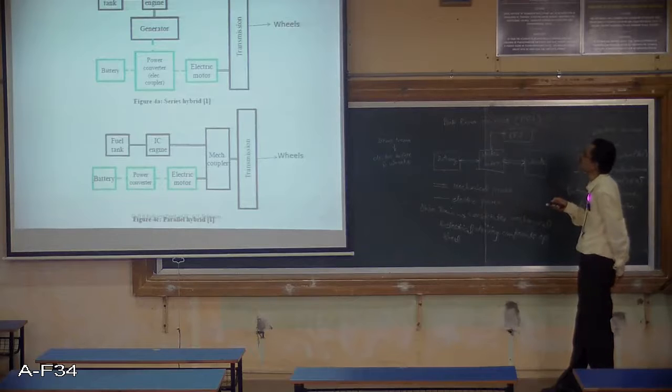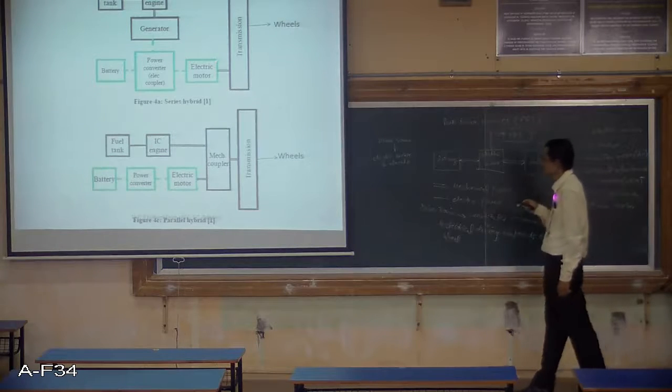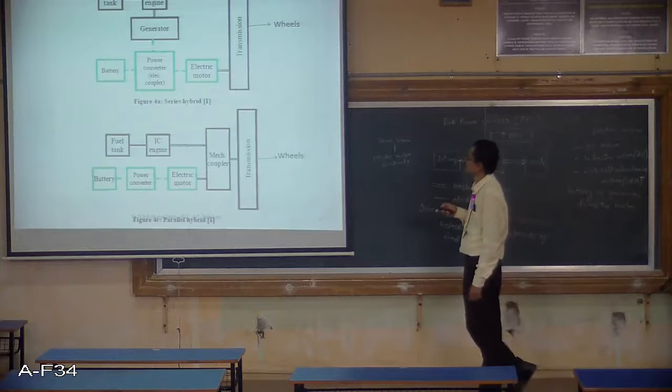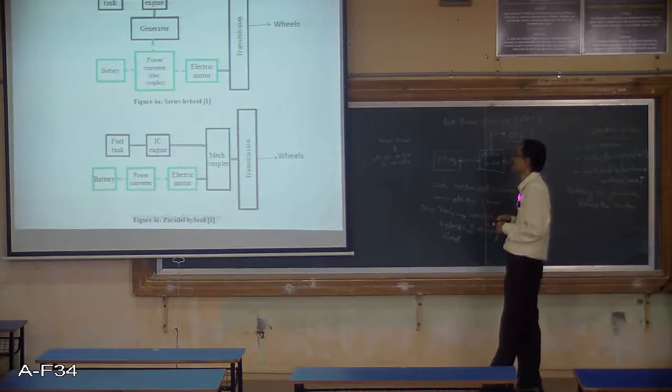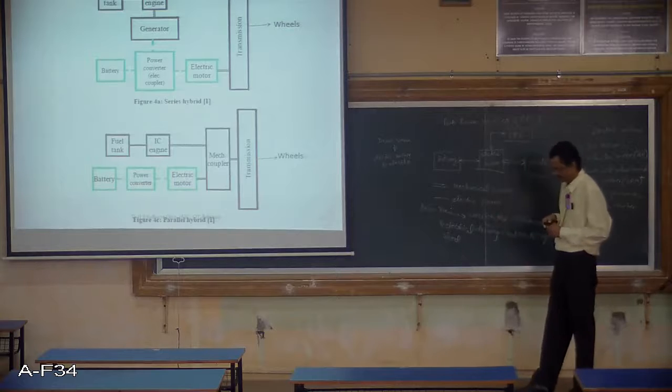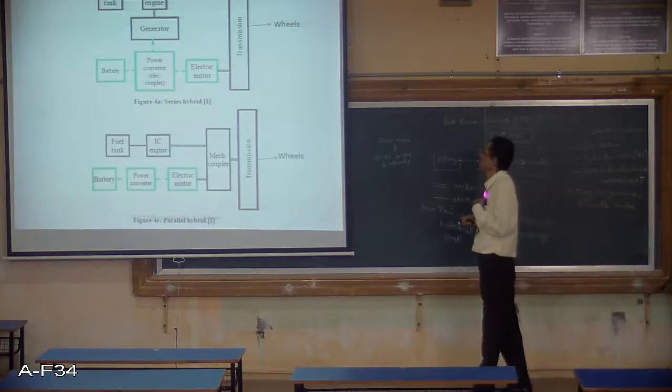In this particular diagram, the peak power source, whatever I have shown here, that is not shown. This shows only the basic fundamental block diagram of series hybrid drivetrain. So here, what is the basic topology of series hybrid drivetrain?